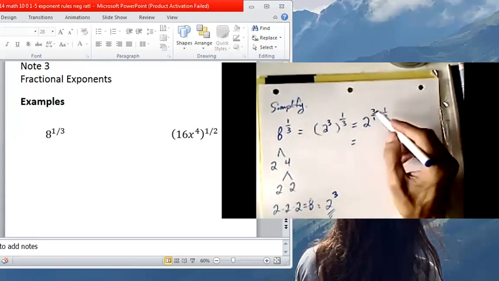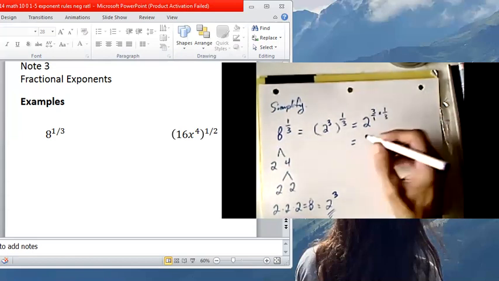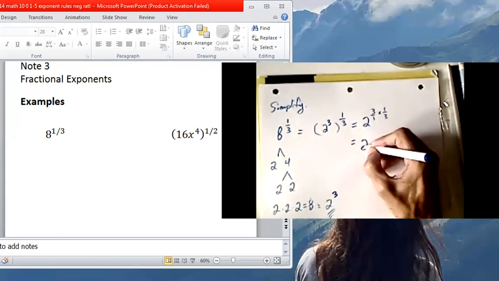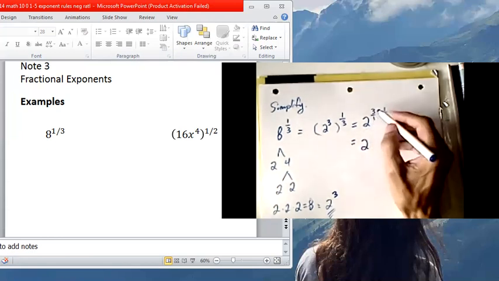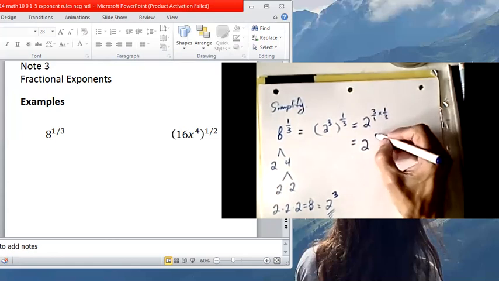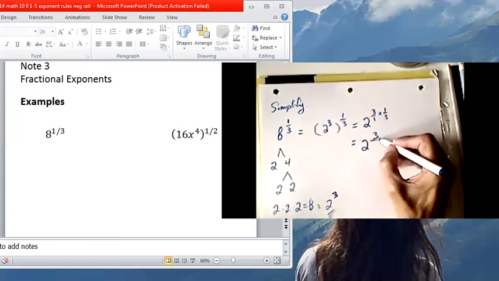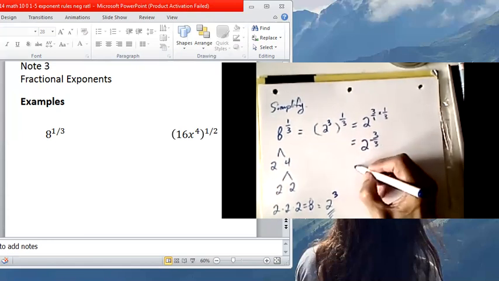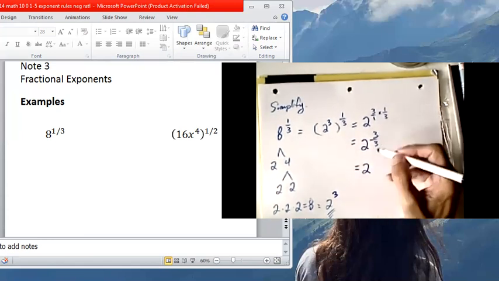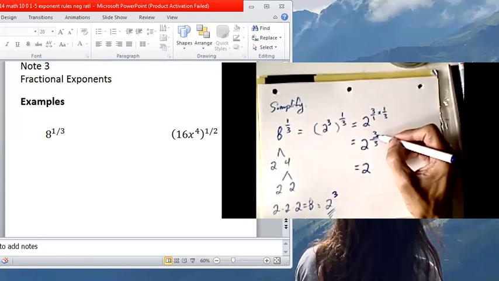Okay, but because the numbers are small, I'll just work it out without any simplifying. Top times top, 3 times 1 is 3. Bottom, 1 times 3, 3. So you simplify. 3 divided by 3 is 1.